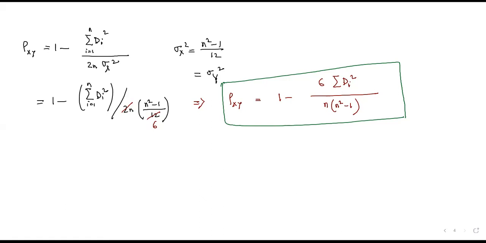So therefore, the correlation between the marks is saying that if we have a group of individuals, the marks of maths and marks of stats are moving together.